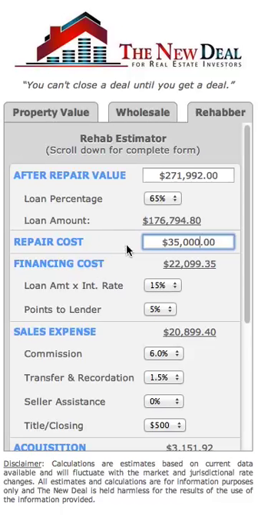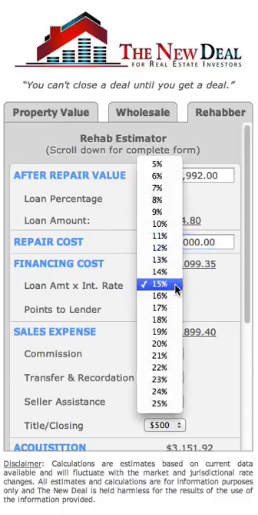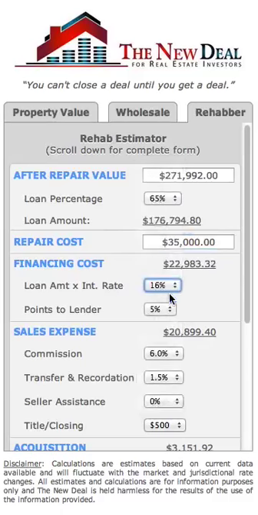You're borrowing $176,794.80. So let's say that for your financing cost, your loan amount times your interest rate is, let's say, 16%. You can already see that the financing cost here is now adjusted up.